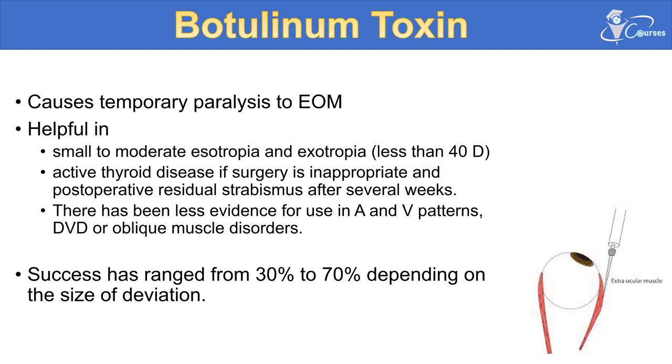It's also very useful for patients with active thyroid disease. If the patient has decompensated thyroid and his thyroid state is uncontrolled, he needs some temporary measure. Strabismus surgery in thyroid disease is one of the most unpredictable in outcome, so it is very common that those patients present with post-operative diplopia.